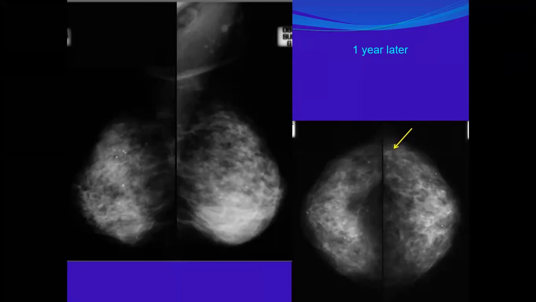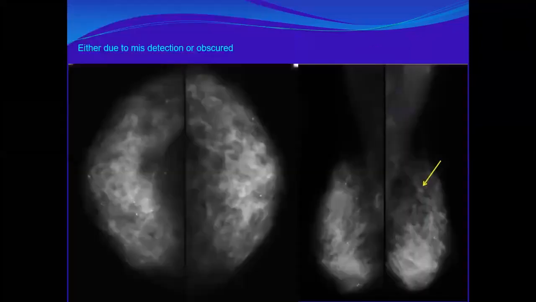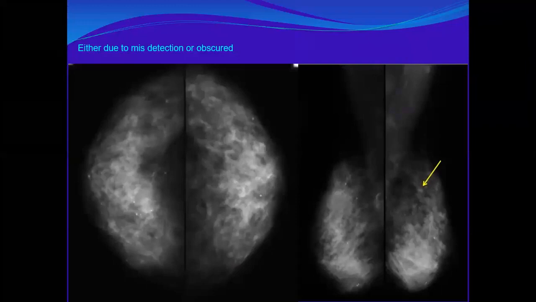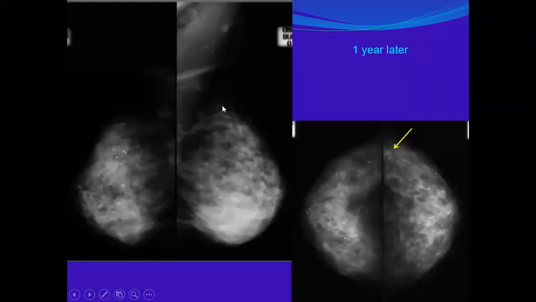You see, from time to time, the breast is pendulous and moving, so the directions and amount of compression, as well as positioning, might be different from one examination to another. Even if you look here, the pectoralis is high up in this mammogram and here a little bit lower. So there is definitely a difference in positioning.